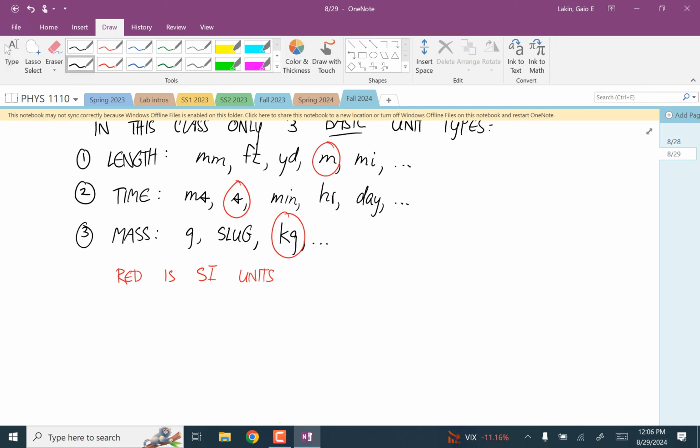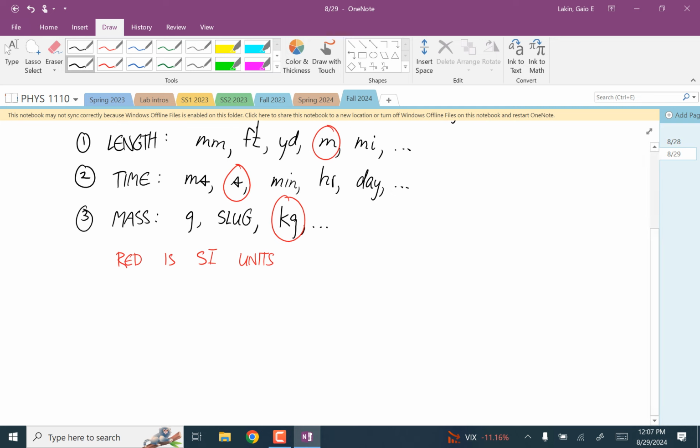So the first thing we're going to talk about is converting units. The idea is that you often want to express a measurement using different units of the same type.